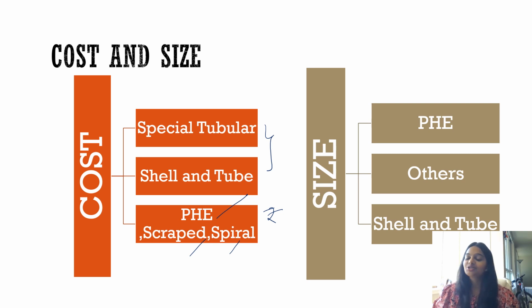Now, based on size, as you know, PHEs are very tiny and can fit into a small space, whereas the others vary based on design and construction, and the shell and tube occupies the maximum size, but it is one of the most economical ones. So based on all of these factors, you have to decide which heat exchanger suits your purposes.